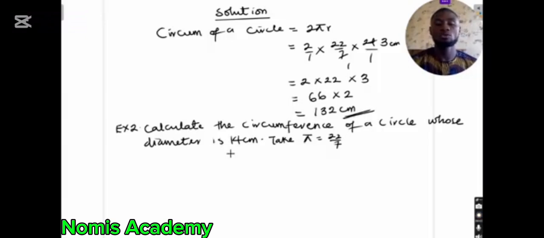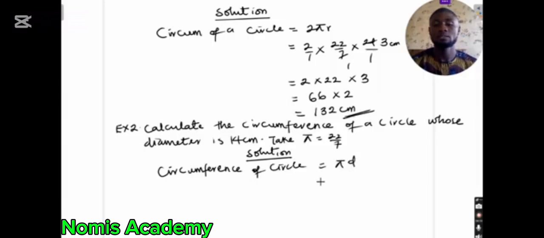Take pi equal to 22/7. Just as simple as what you have been told, the formula to calculate when the radius is not given is that the circumference of that circle becomes pi d. That is pi multiplied by the diameter.